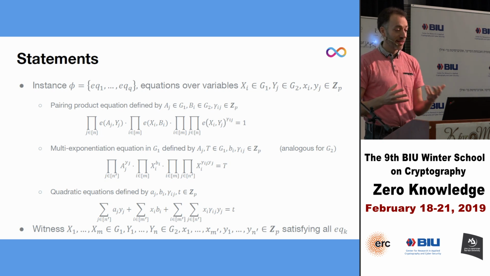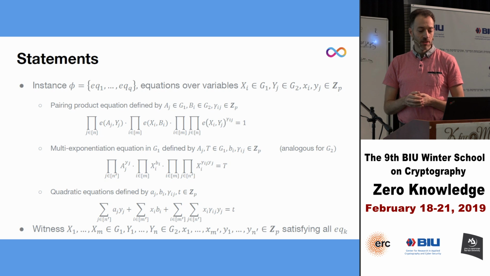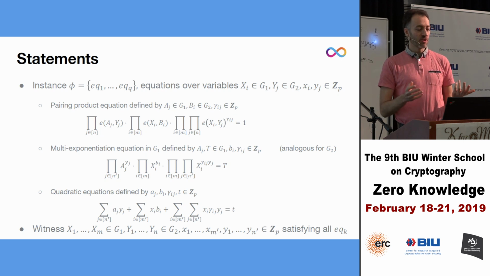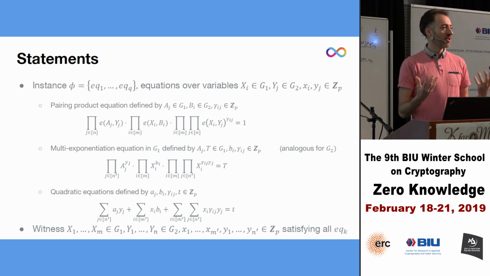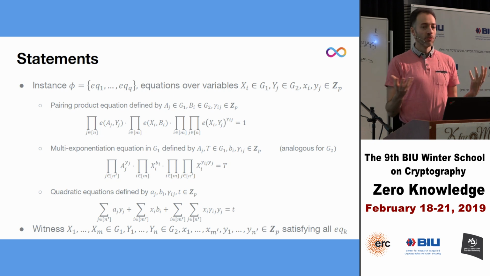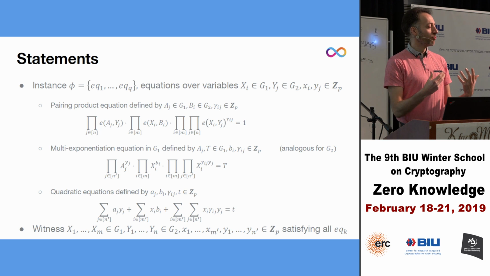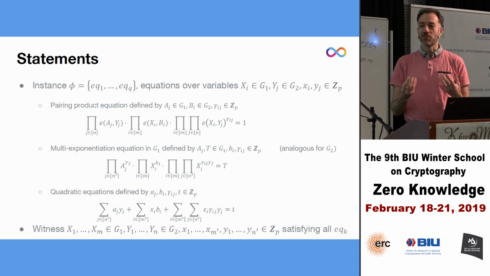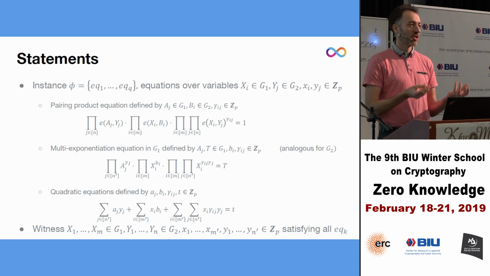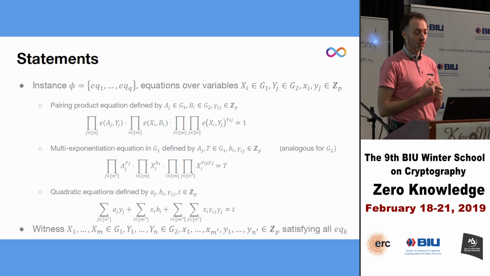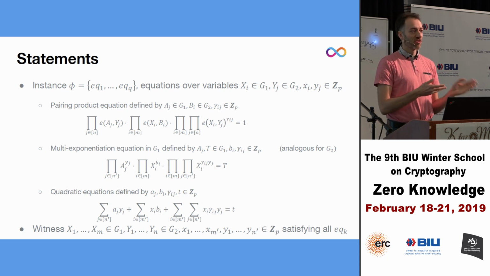It says we can pair group elements, okay? And it could be known group elements, so A, B, think of these as known public group elements. And you compare them with secret group elements. So think of X and Y as the secret variables that these equations are over. Okay, so you can pair known elements with the secret Ys.